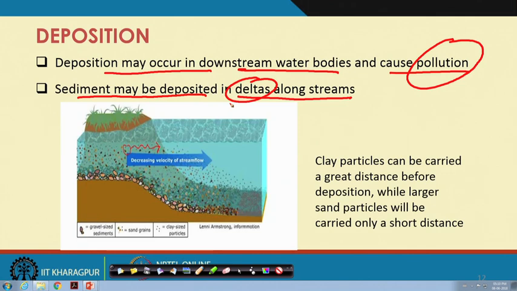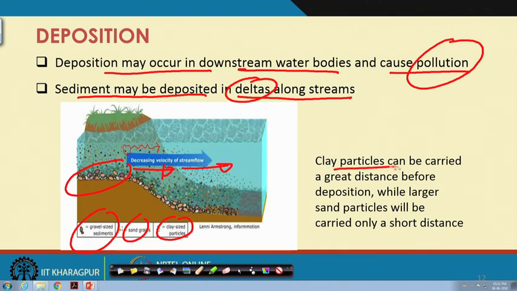And obviously, if you look at the flow, the gravel sized sediments will be first deposited, sand grains will be taken a little farther off as compared to the gravel sized particles, and clay sized particles which are much finer will be carried further down.